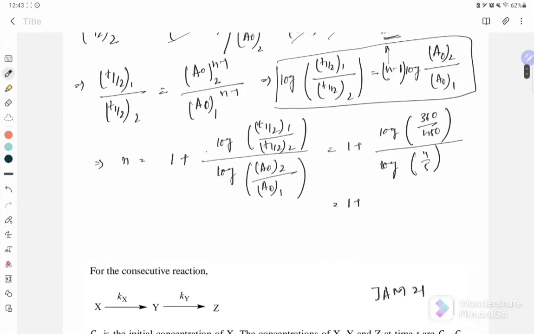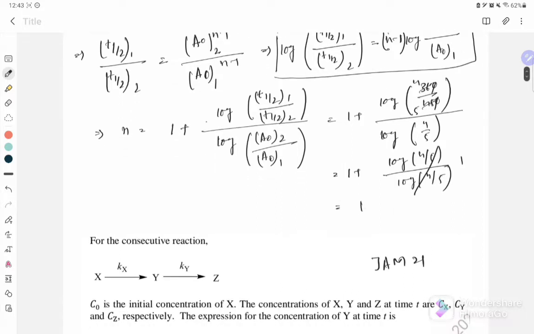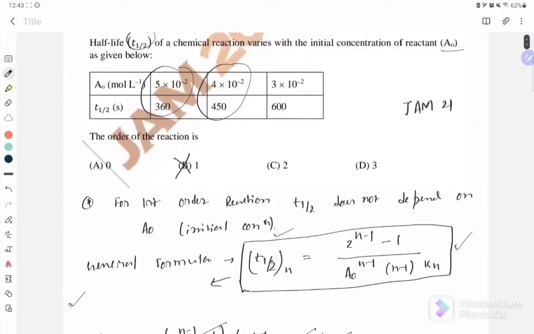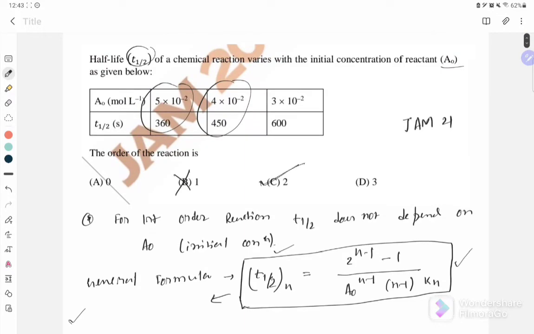So the logs cancel out, giving 1 plus 1 equals 2. The order of this reaction is 2, so 2 is the correct option.